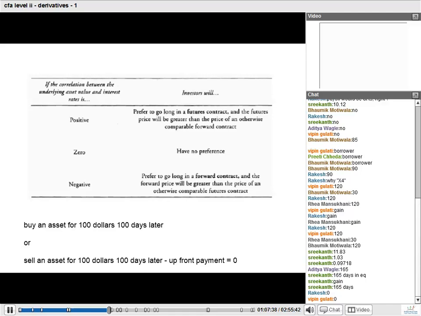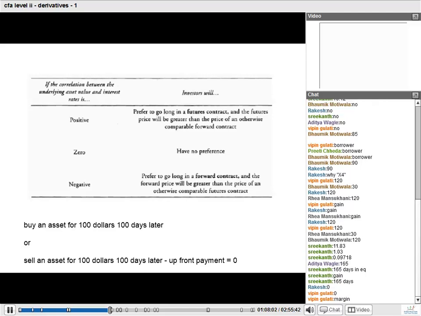Now, if there is no upfront money that I've taken, the party who is in a loss can simply choose to default or run away and not pay the winner any money. To avoid this possibility, the exchange in futures contracts, not forwards, would require both counterparties to pay some margin money.